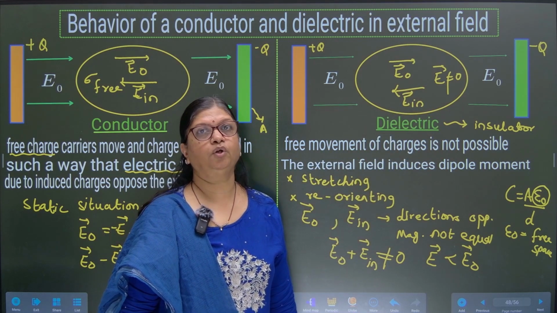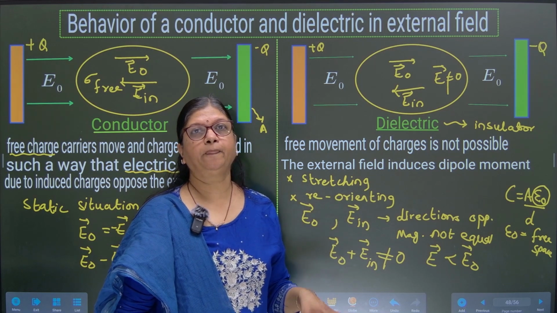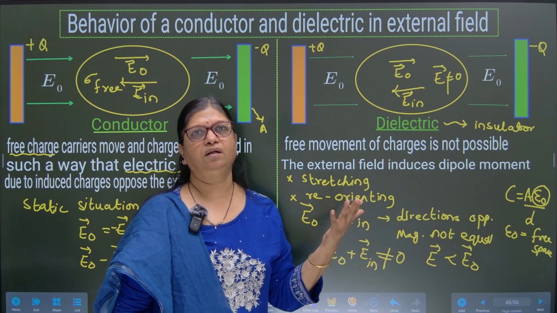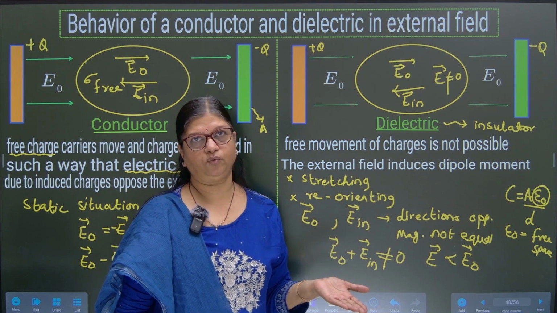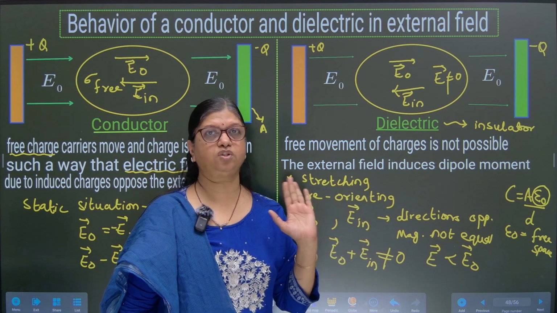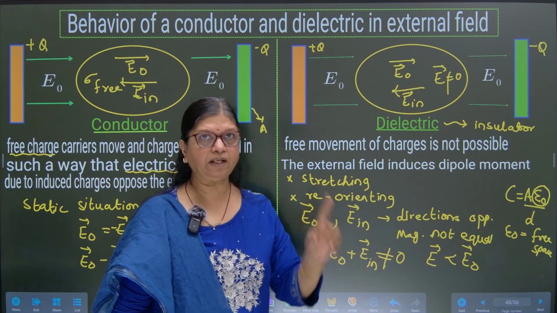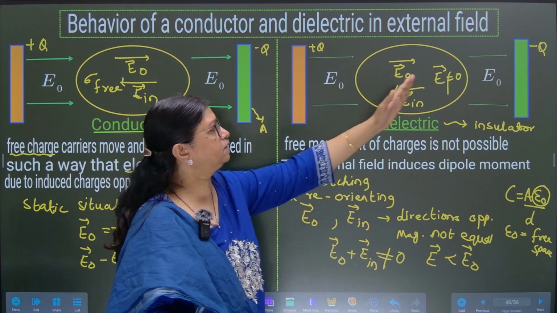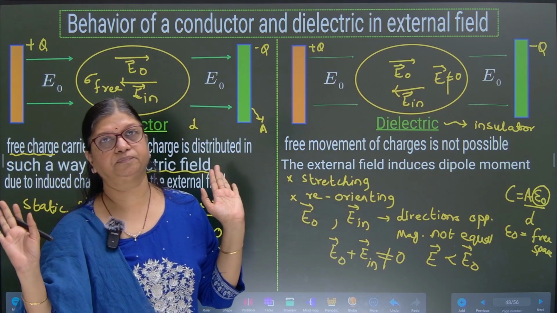So there will be some electric field which will have a reduced value compared to the electric field outside. So electric field will be there in the dielectric when placed between the plates of a capacitor.